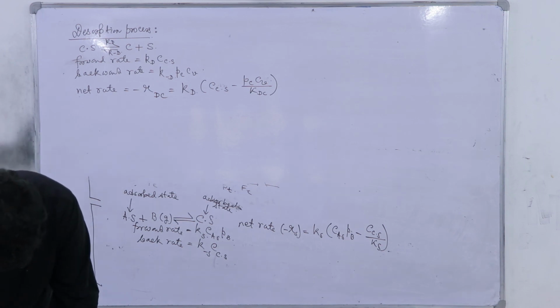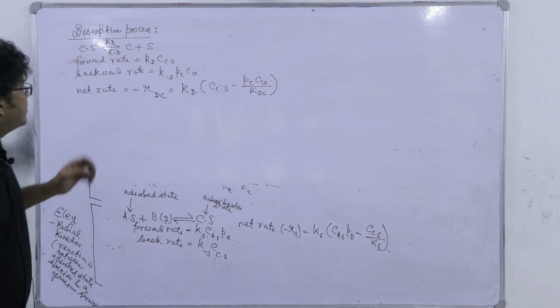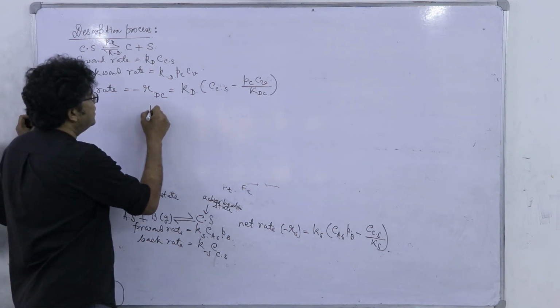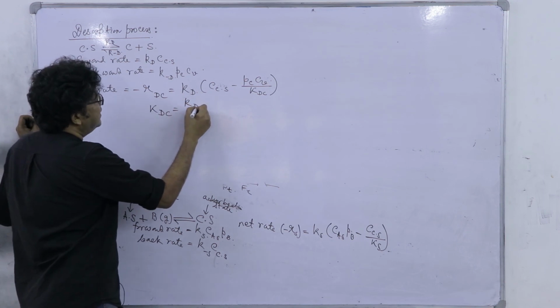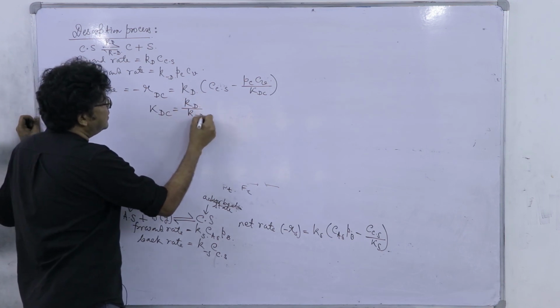Kdc is the desorption equilibrium constant. See, Kdc is equal to Kd by K minus d.